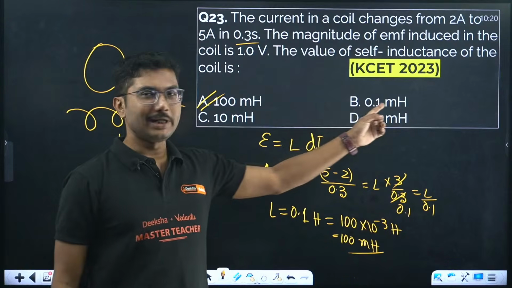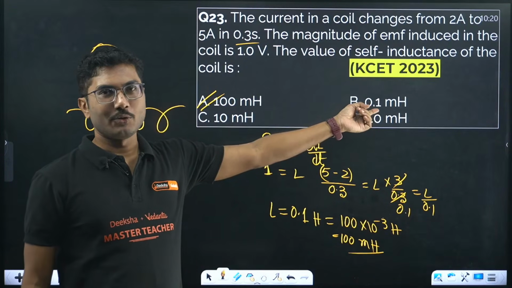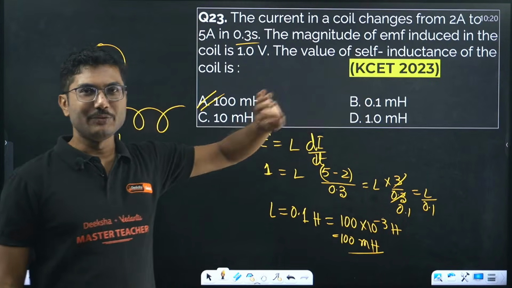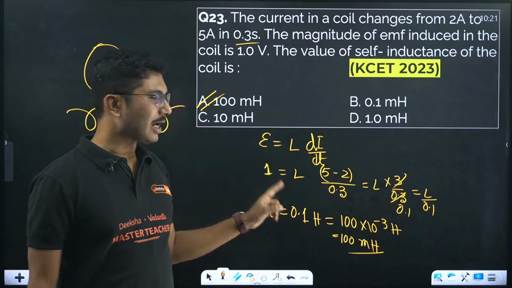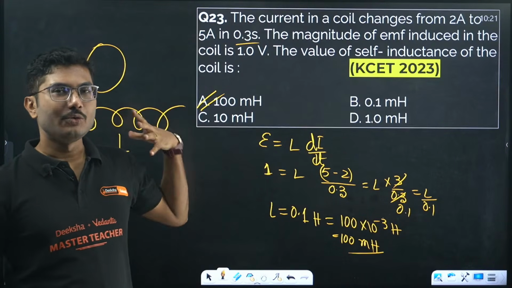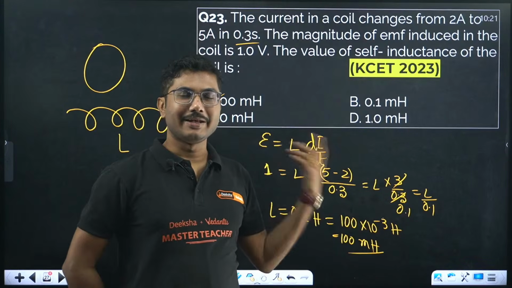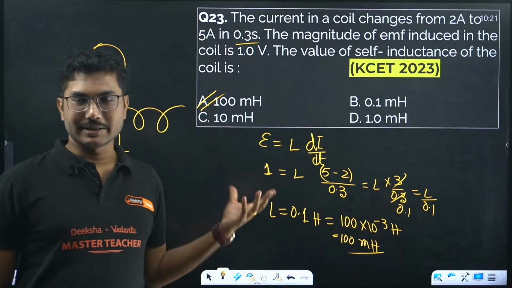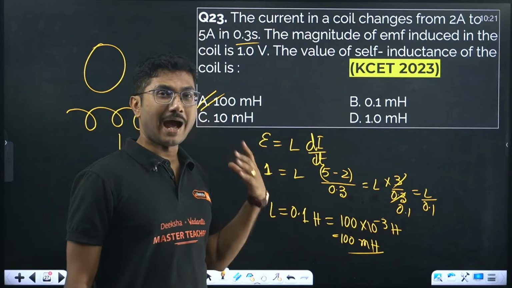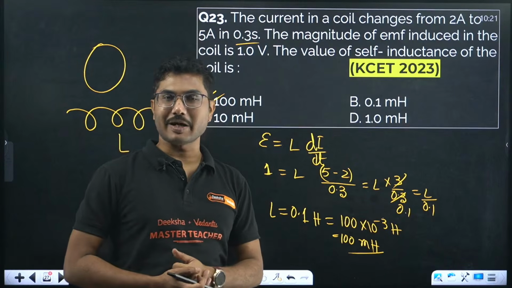Don't mark 0.1 millihenry just because you found 0.1. This is a unit trick question. The only thing is the unit has to be matched. Here you found the answer in Henry, it is not in millihenry. Unless you have a particular problem, the units will always be in Henry, Newton, watt, etc. So you have to convert kilowatt, milliwatt, microwatt, microjoule manually, unless you have a 10 to the power of conversion factor there.